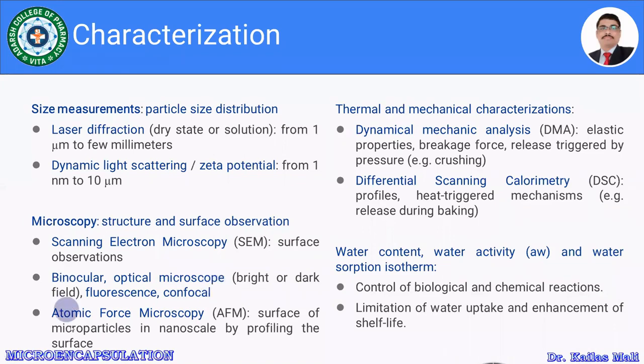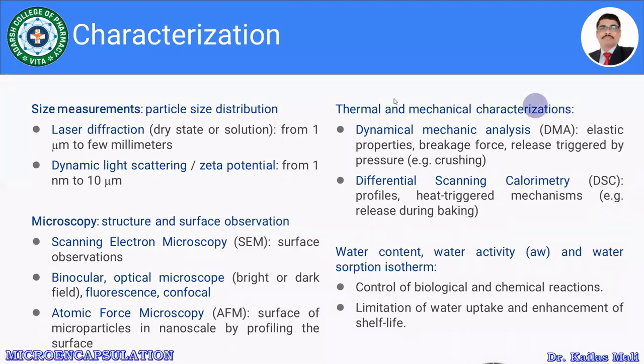And atomic force microscopy is furthermore used to get the idea about the surface of microparticles at the nanoscale by profiling the surface. So this is about the microscopic evaluation. By using the microscopic technique, it is possible to get the idea about structure, shape, and surface properties of the microparticles, isn't it?